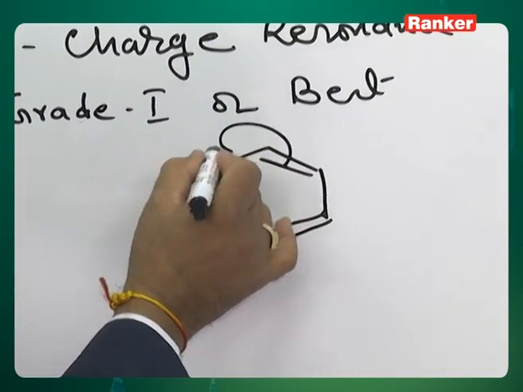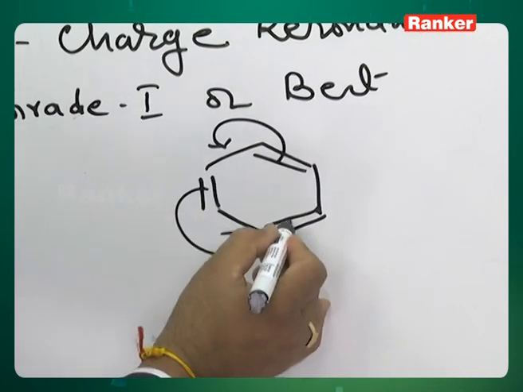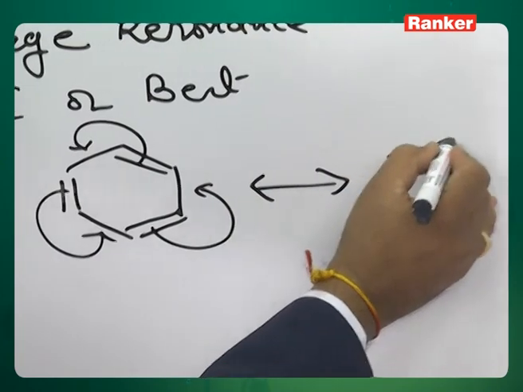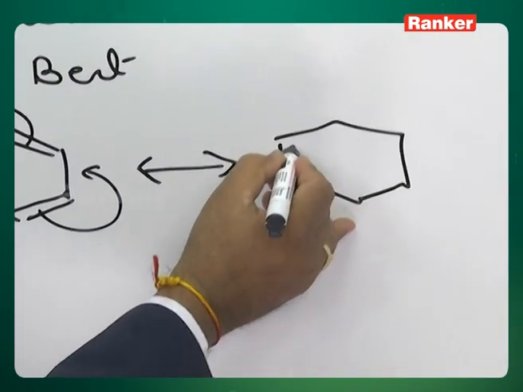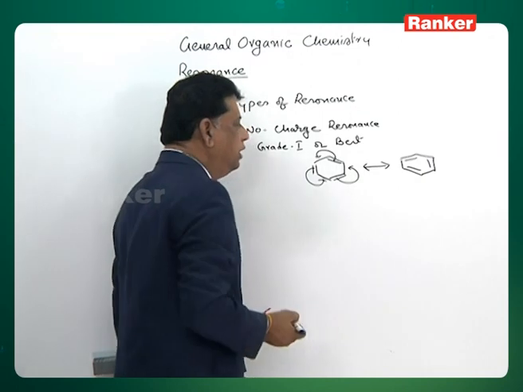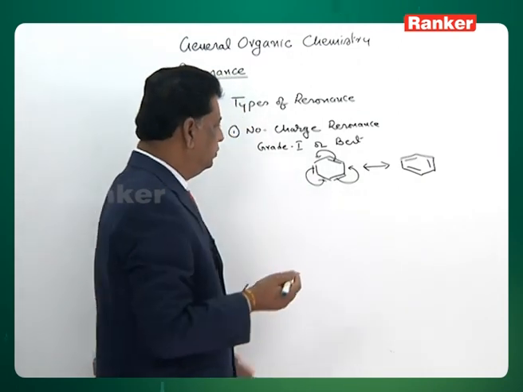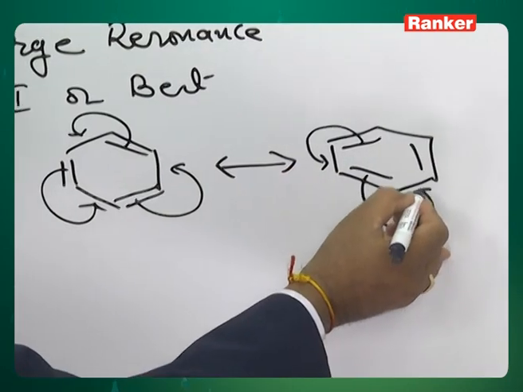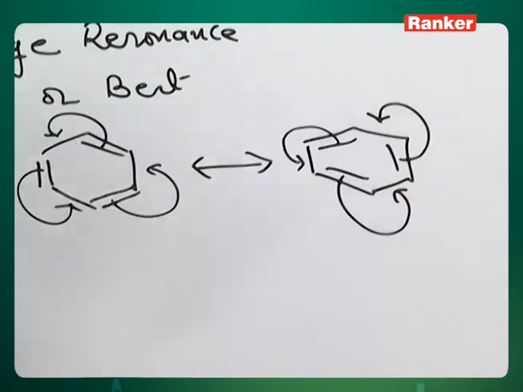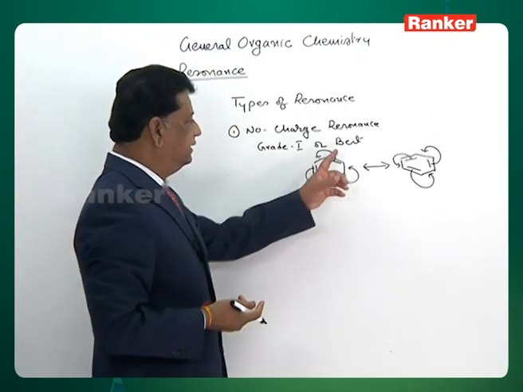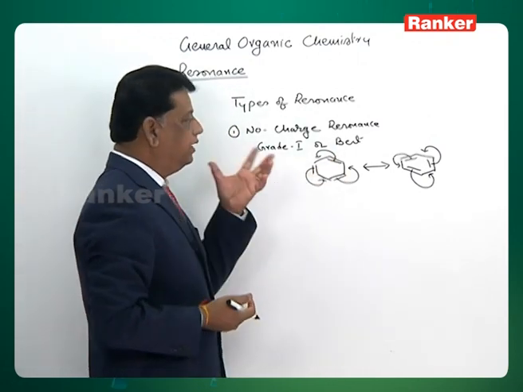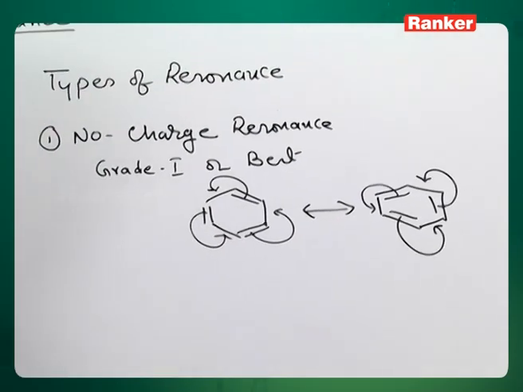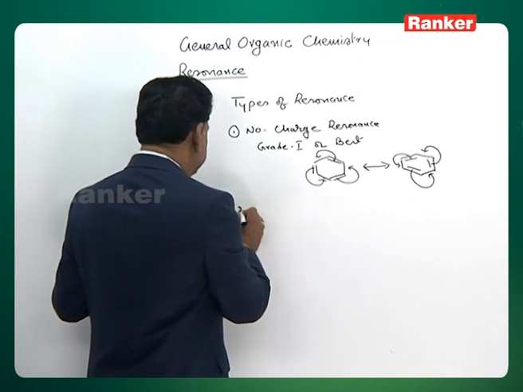If this double bond comes here, this goes here, and this comes here, another structure is formed, in which the double bond positions are shifted. Now, structure 1 and structure 2, none of them have charges, and this is the best variety of the resonance. That is what I said, it is the best resonance or grade 1 type, and it gives the most stabilization.